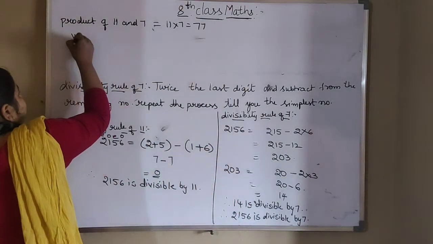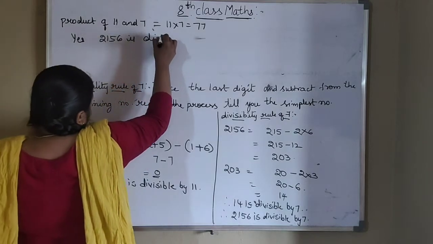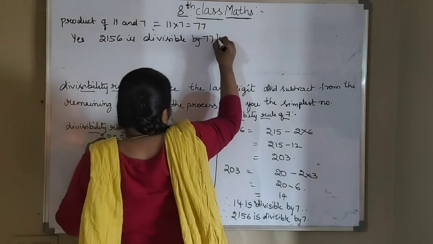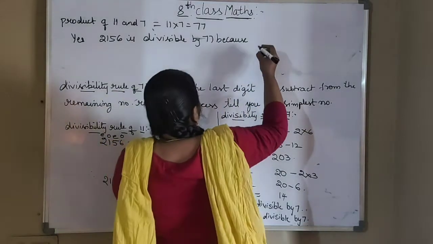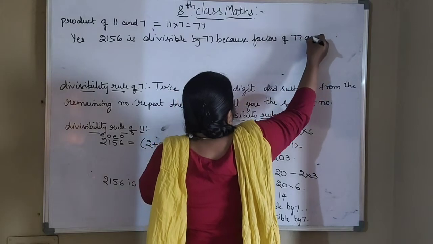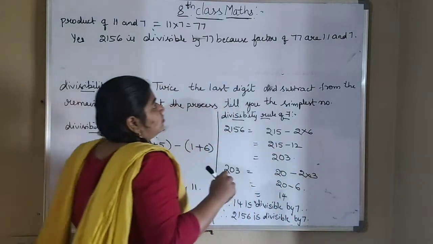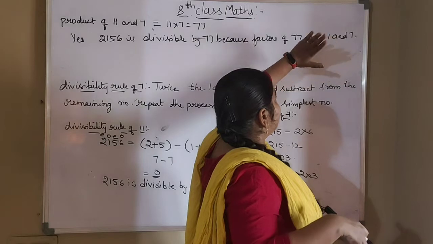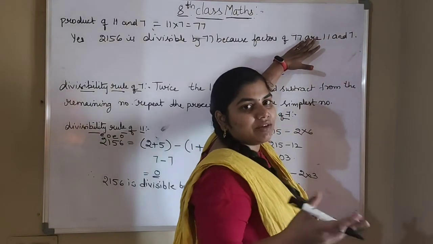So is this number divisible by 77 or not? Yes, 2156 is divisible by 77 because the factors of 77 are 11 and 7. If it is divisible by 11 and 7, it automatically divides by 77 also, because the factors of 77 are 11 and 7.